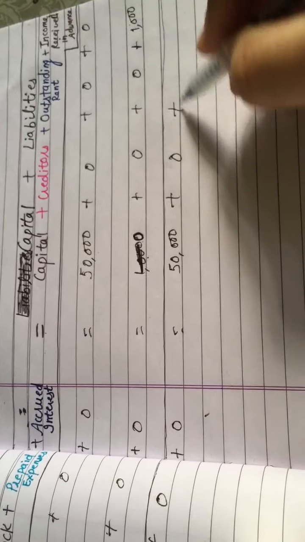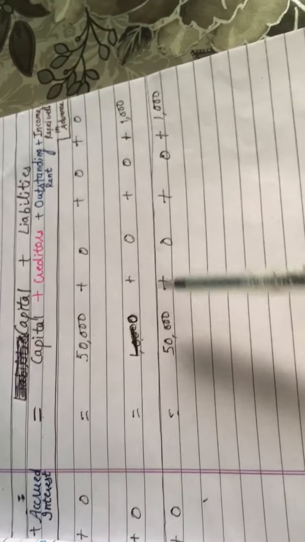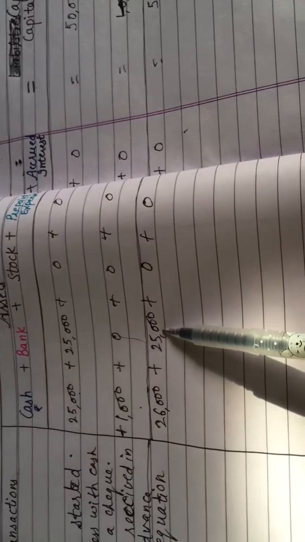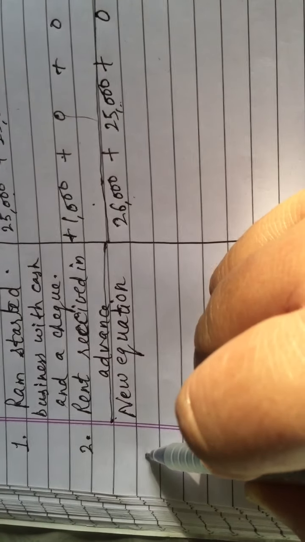Creditors none, and income received in advance is rupees 1,000, and the total of capital plus liabilities is 51,000, and assets, that is 26,000 plus 25,000, also 51,000. Two sides are equal. Now the next transaction, that is the third transaction.